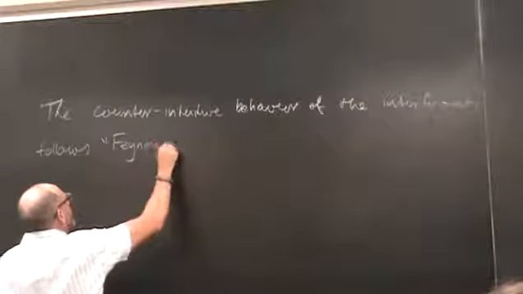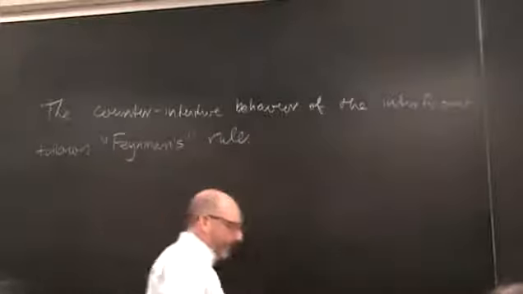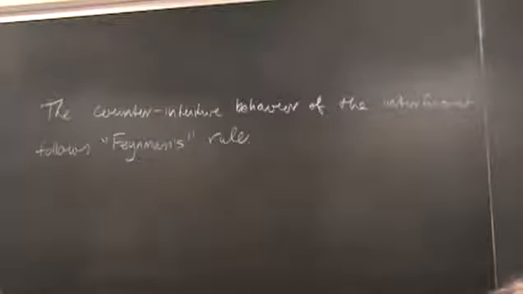Of course, Richard Feynman was one of the greats of the last century in developing quantum field theory and our understanding of quantum physics as a whole. And Feynman's rule, let's see how I want to state it.